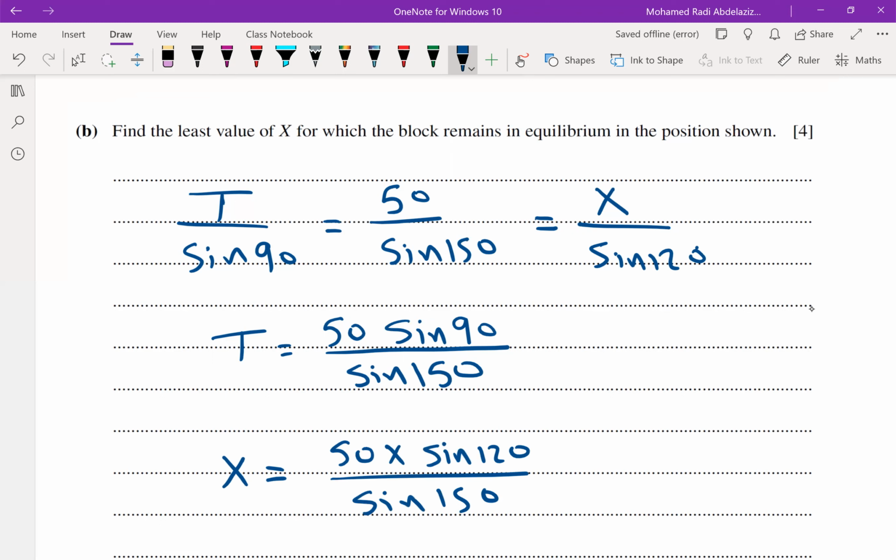So the exact answer is 50 root 3, or as a decimal, x is equal to 86.6 Newton. And in this case, if I ask for T, you can find it from the first part.